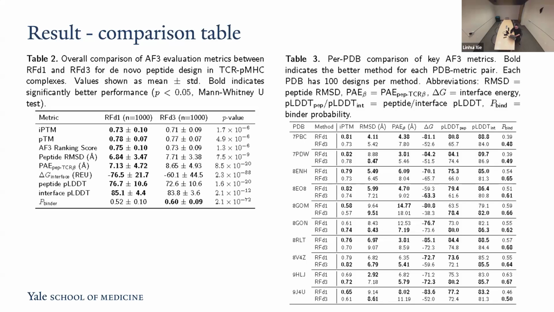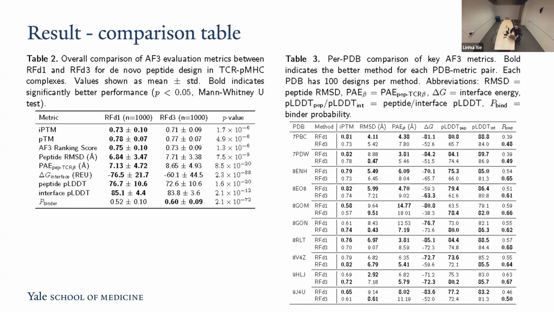And on the right table, you will see that overall, for these 10 selected PDBs, RoseTTAFold diffusion 1 outperforms almost all the evaluation metrics compared to RoseTTAFold diffusion 3. So we will continue working on this to provide additional evaluations on the remaining high quality PDBs and to give you a comprehensive analysis of this benchmark.